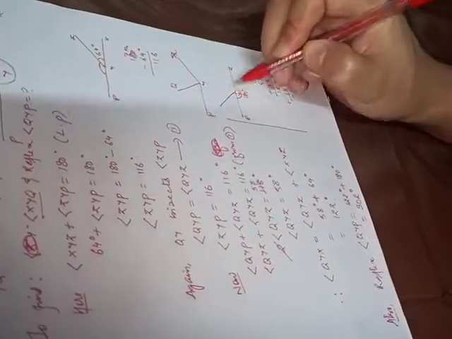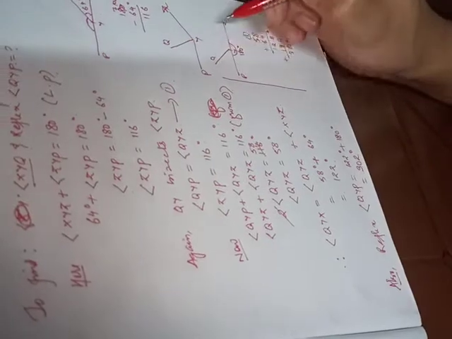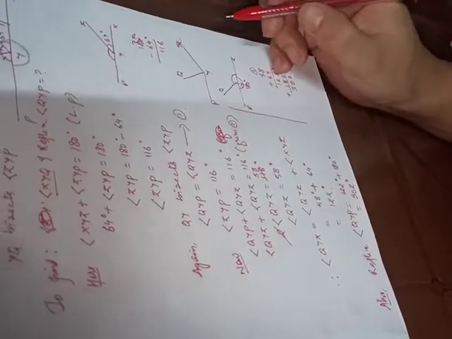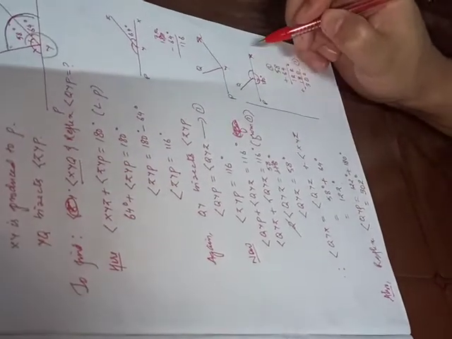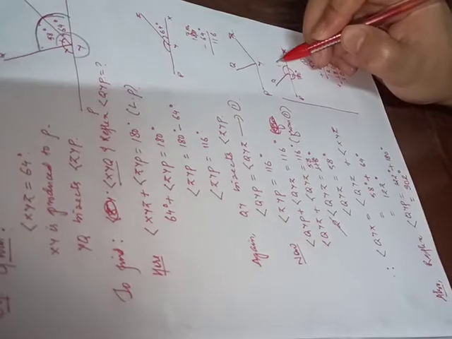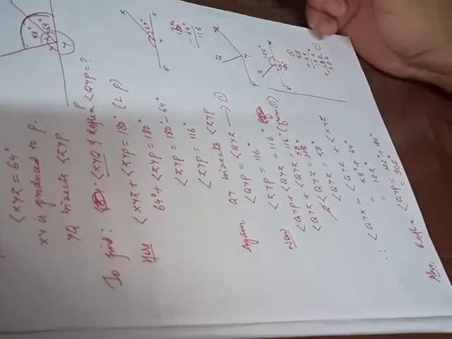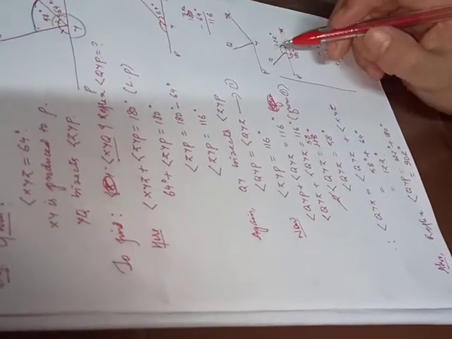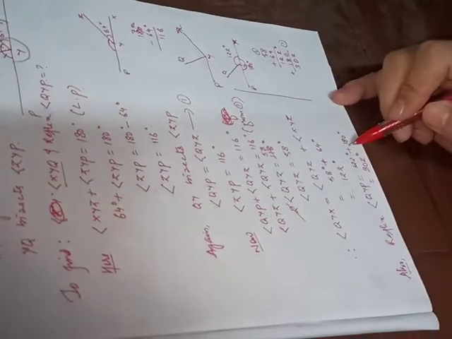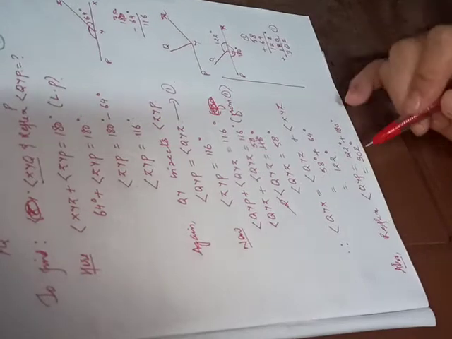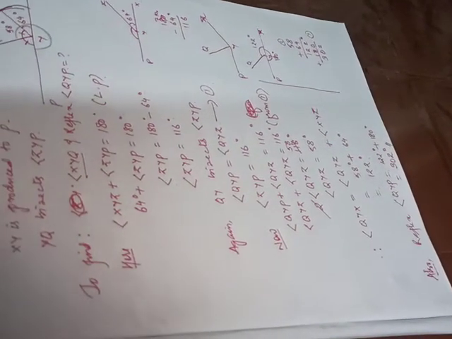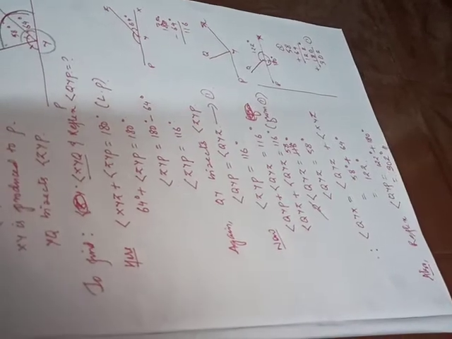And then we have angle QYX, which from the above we calculated to be 122 degrees. So reflex angle QYP will be the sum of all the other angles, that is 122 degrees plus 180 degrees, which is 302 degrees. This is our answer. I hope this is clear to all of you.